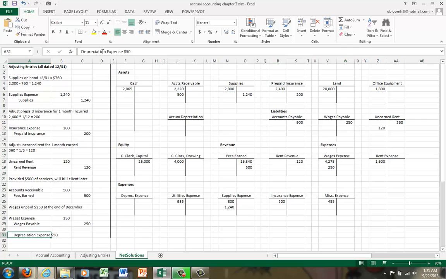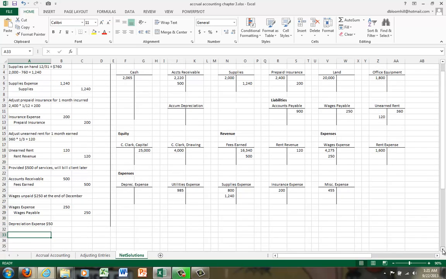The amount of the depreciation expense is given to us, so for now just remember for depreciation expense that we're going to debit depreciation expense for the $50 and credit accumulated depreciation for the same $50, since our journal entries always balance.